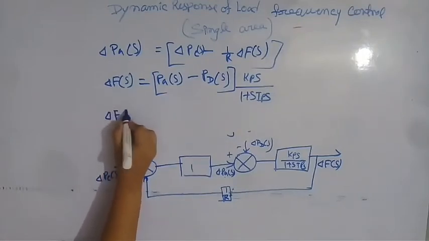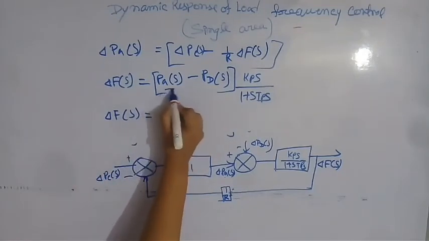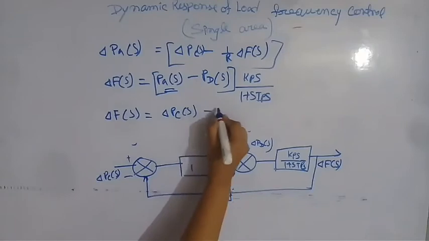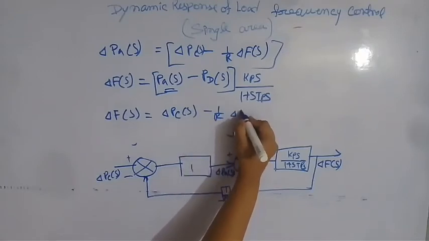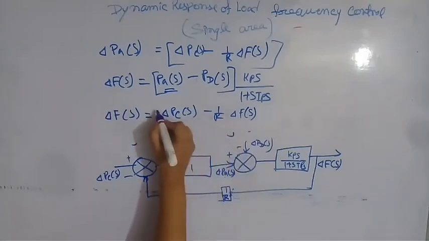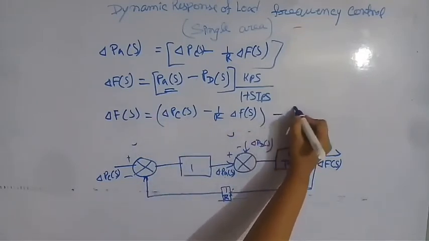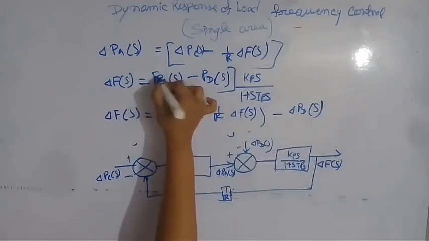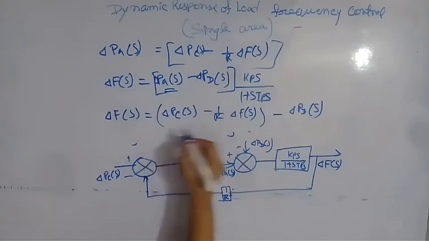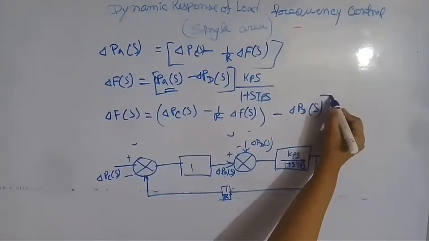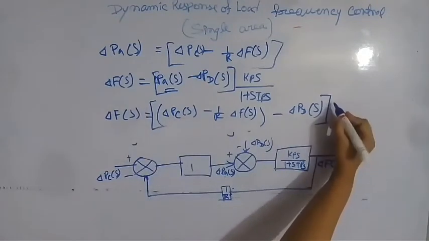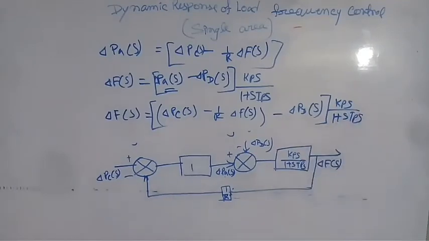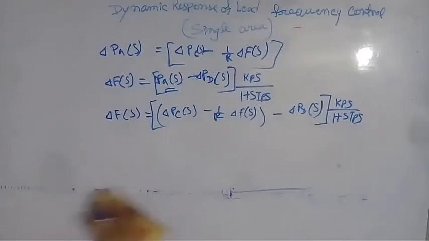So now delta F of S is equal to, putting the value of PGS, (delta PCS minus 1 by R delta F of S minus delta PDS) into KPS by 1 plus STPS.